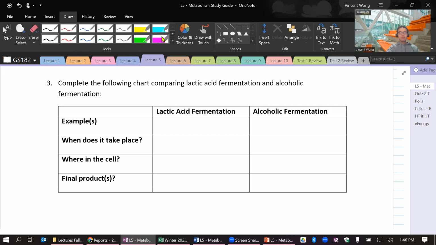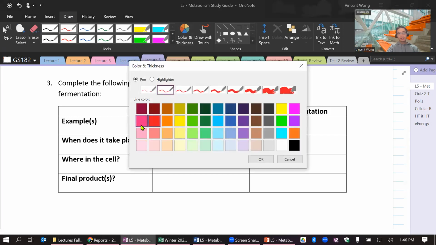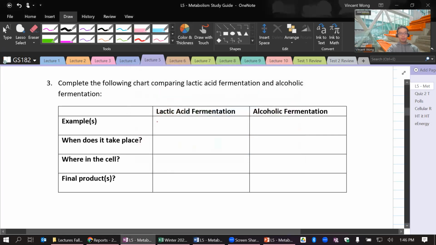There are 2 different types of fermentation depending on the organism that we're talking about and the conditions that the cell is in. Here we have lactic acid fermentation. That's something that could happen in a human cell, a muscle cell.